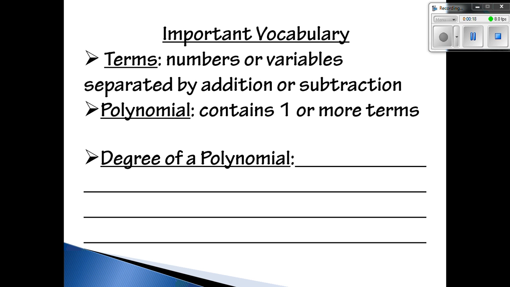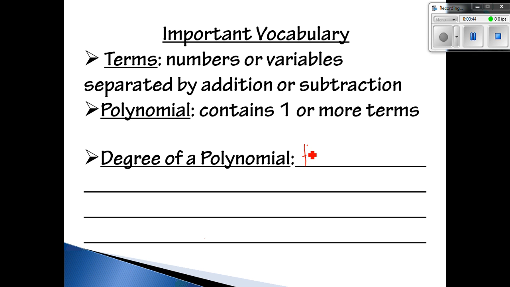So, important vocabulary. Remember that a term is numbers or variables separated by addition or subtraction. We were talking a lot about that yesterday. A polynomial contains one or more terms. And now this is something that's new, the degree of the polynomial.